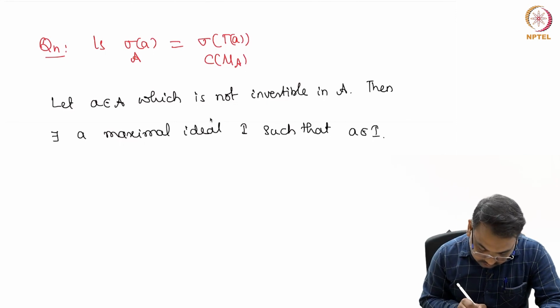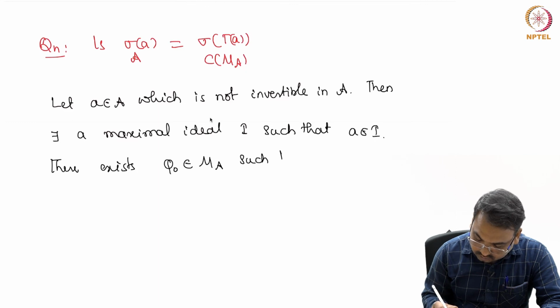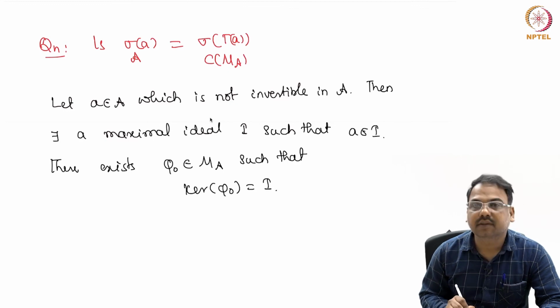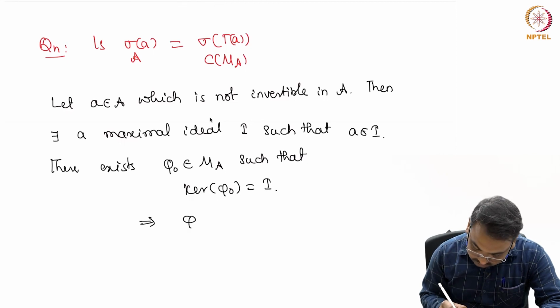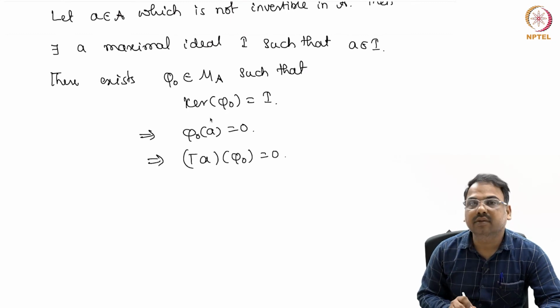So there exists a phi naught in MA such that the kernel of phi naught is exactly I. Now A is in I, this implies phi naught at A is 0, or we can say that gamma A at phi naught is 0.